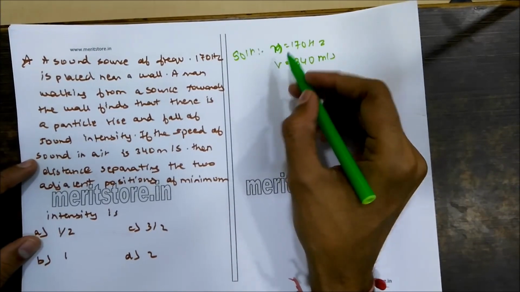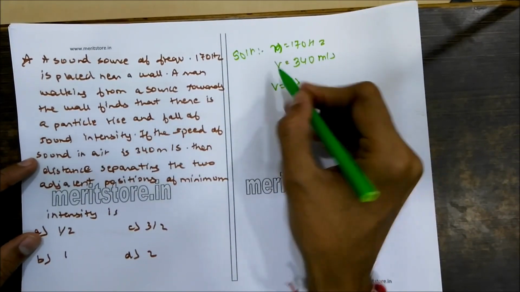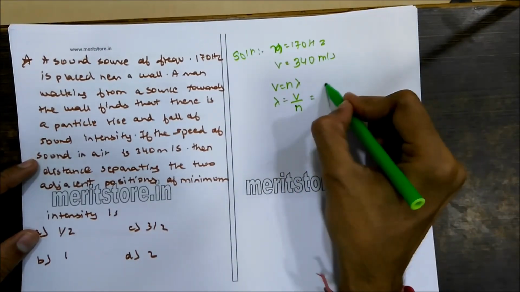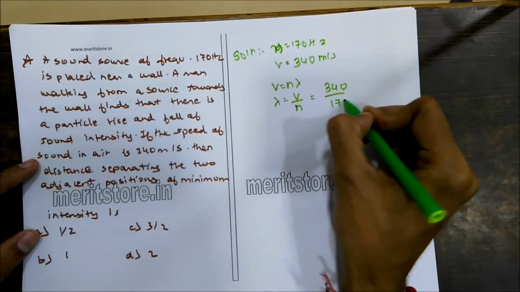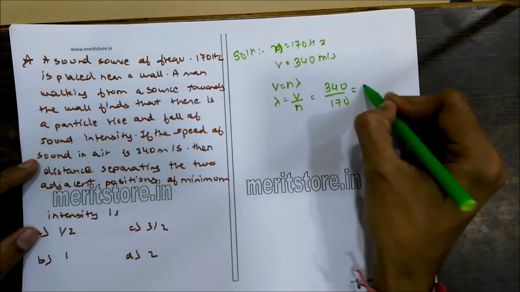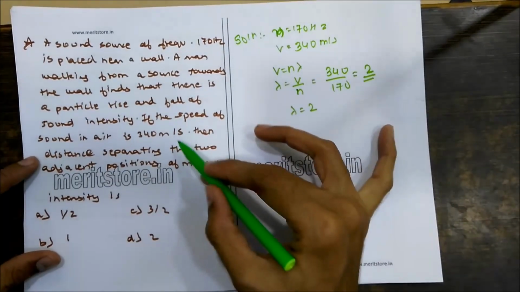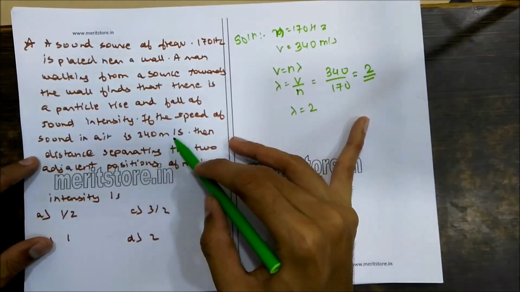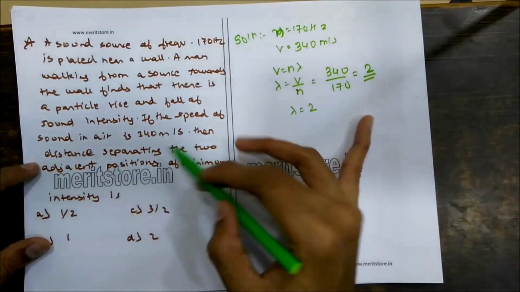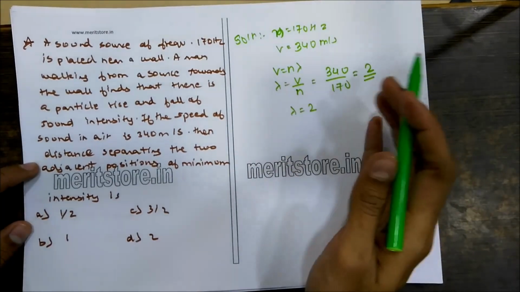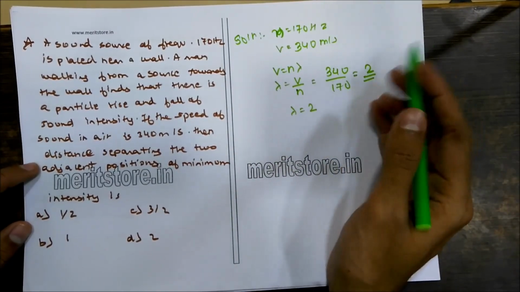The velocity of sound is 340 meters per second. We have v equals n lambda, so lambda equals v upon n, that is 340 upon 170. So the wavelength of the sound is 2, lambda equals 2. For the distance separating two adjacent positions of minimum intensity, the separation is half the wavelength.